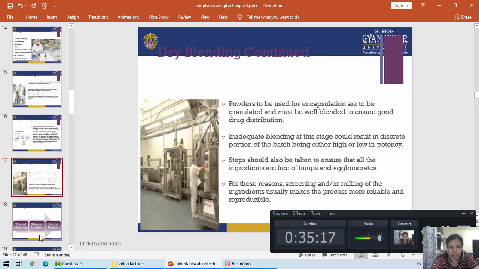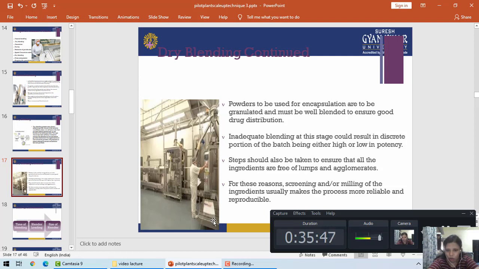Next one is the dry blending continued. So here you can see the dry blender equipment is handled by the personnel. Powders to be used for encapsulation are to be granulated and must be well blended to ensure good drug distribution. Inadequate blending at this stage could result in discrete portions of the batch being either high or low in potency.